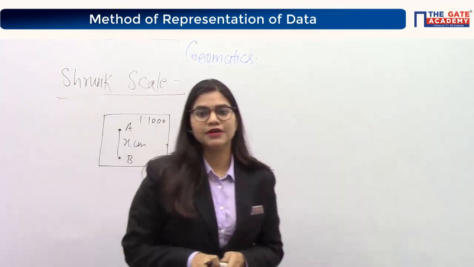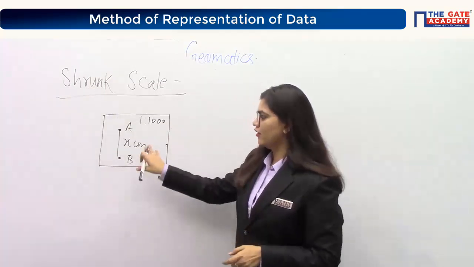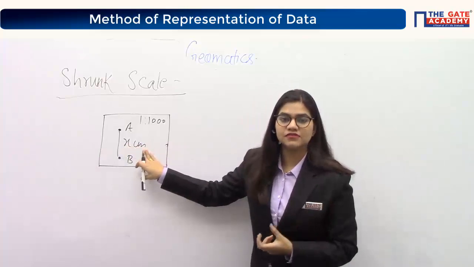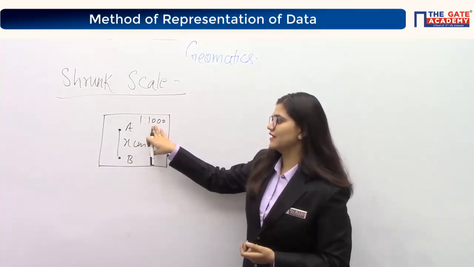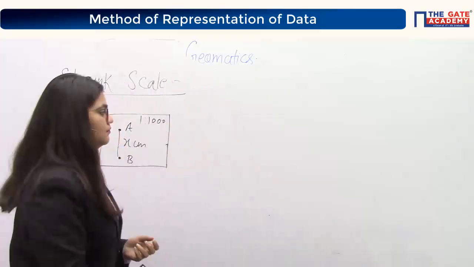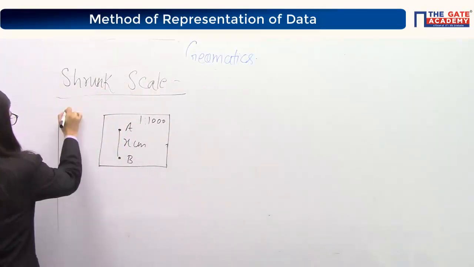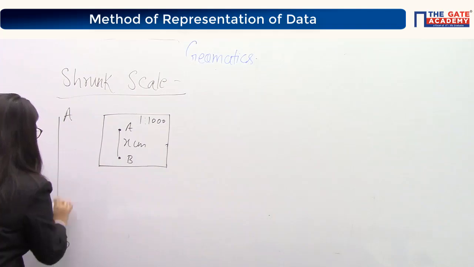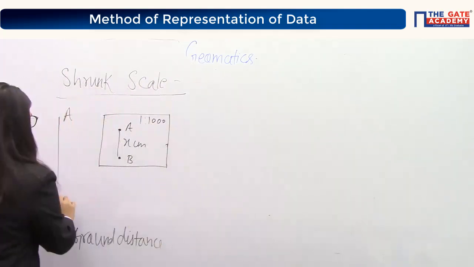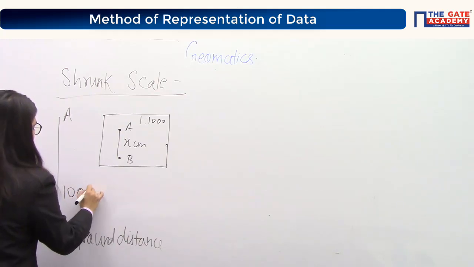If x centimeter is your map distance and you know the scale as well, can you tell me the ground distance? Between A and B, what will be your ground distance? 1000x. Very good.